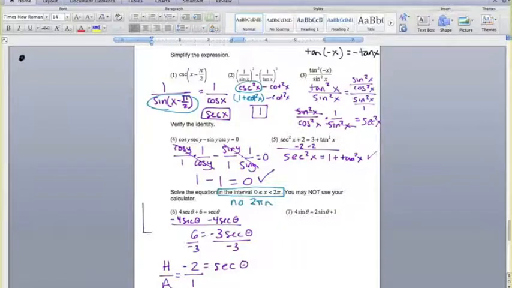The triangle that has a hypotenuse of 2 is our 30, 60, 90. And the angle that is adjacent to the 1 is the 60. So we're going to be working with 60, but in radians that's pi over 3 because pi is 180 and 180 divided by 3 gives us 60.